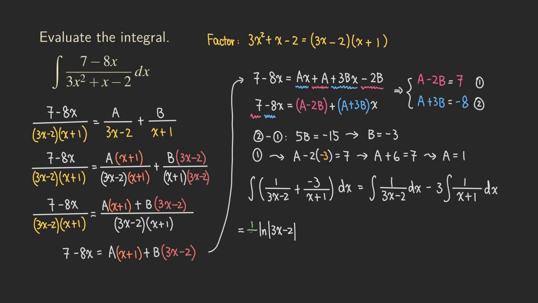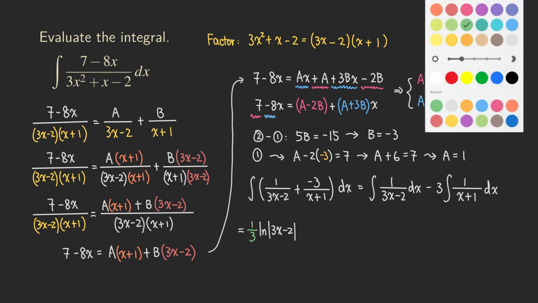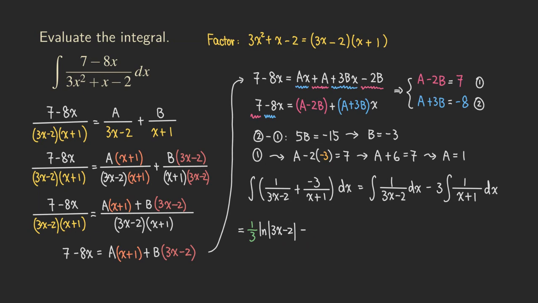So 1 over 3. And then continue, which is, now this one, the coefficient of the x is 1, so we don't need to, the chain rule is actually trivial, so we can just put down 3 times ln of absolute value of x plus 1, and then plus c.